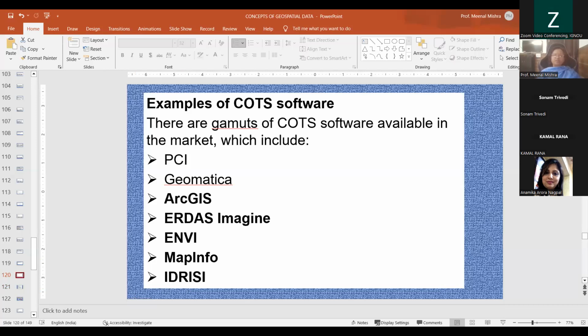Then the next one. In your SLMs, the details about ArcGIS are given, its components, its functionalities. Now let us come to ERDAS Imagine. It is a raster graphics editor which is capable of geoinformatics applications.